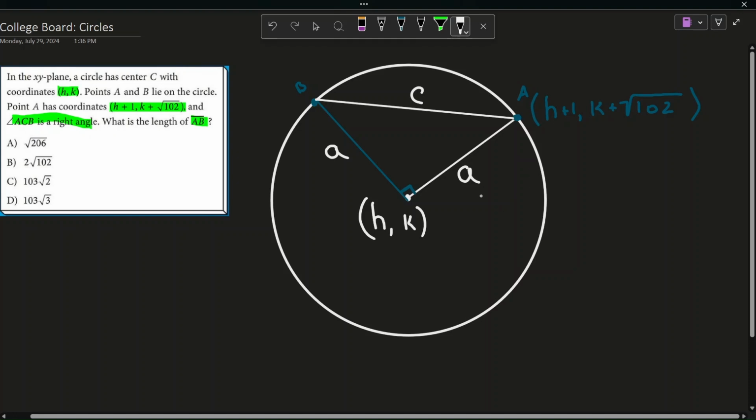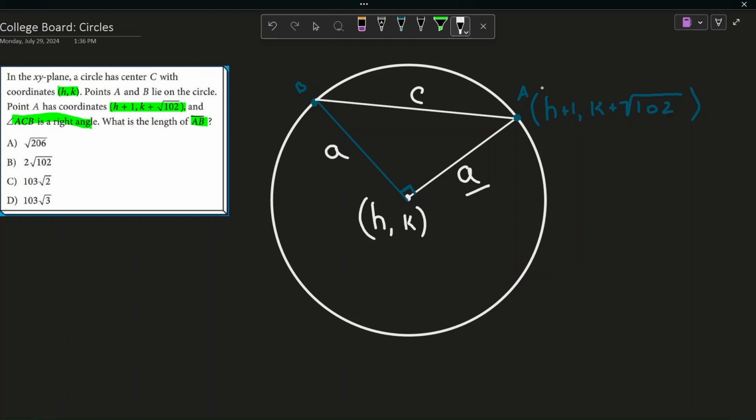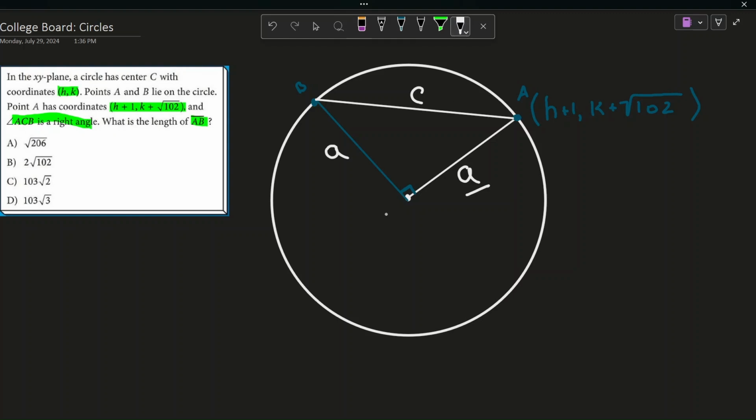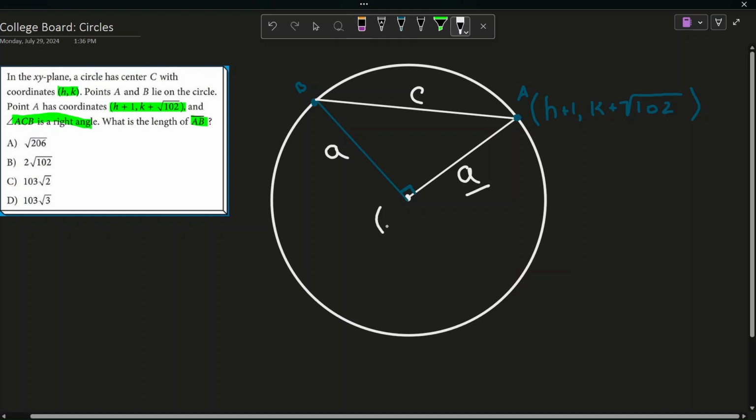And now we have to find the value of A using the distance formula. However, we don't have a value for A or the center. And to make our calculations easy, I'm going to go ahead and choose a simple center for the circle. And the simplest center you can have for a circle is the origin, which is 0, 0.